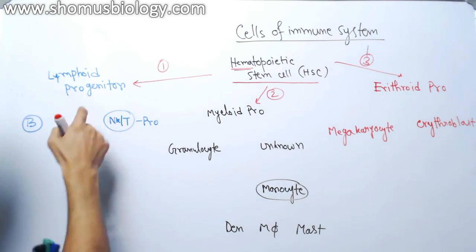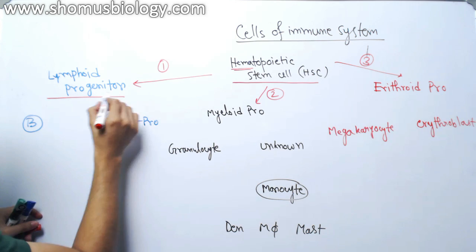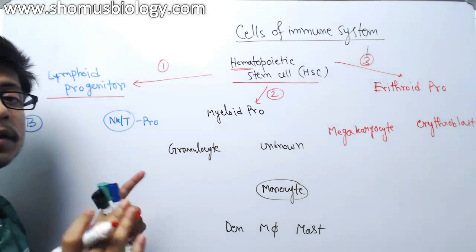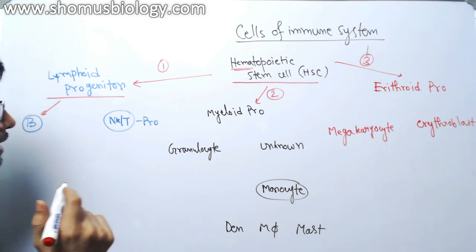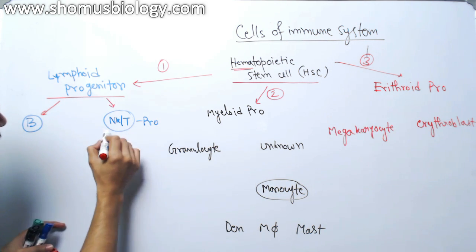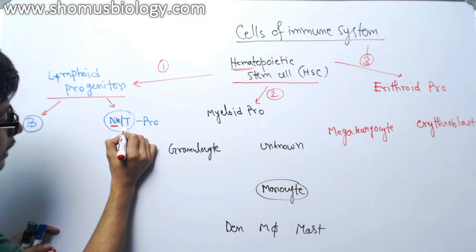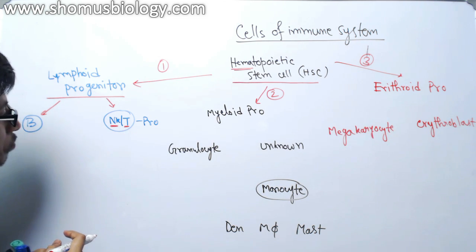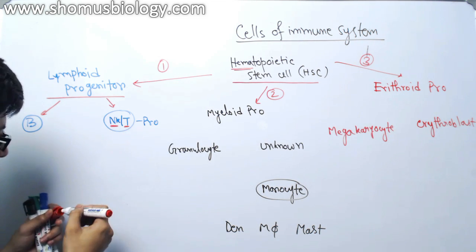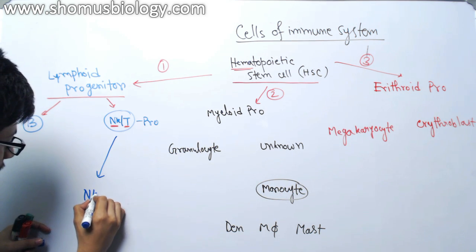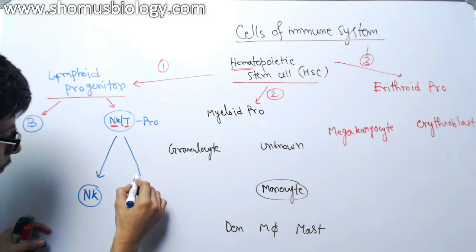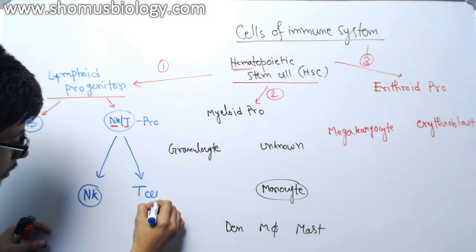So if we look at the lymphoid progenitor, it produces 2 further progenitor cells. They produce B cells directly. Sometimes they can also produce another progenitor known as natural killer T cell progenitor cell. Now from this natural killer T cell progenitor they can produce natural killer cell. They will also produce T cells.